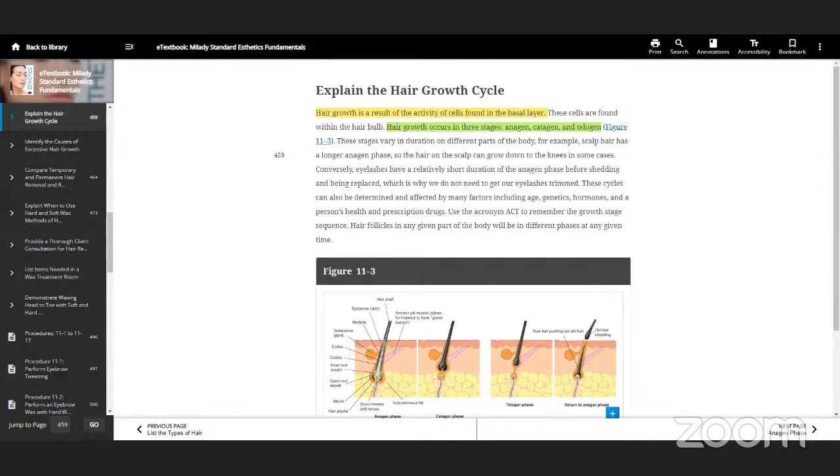The cycles for eyelashes have technical terms, and it's cilia and supercilia. Cilia, I believe, is eyelash hair, and supercilia is eyebrow hair. Let me see.